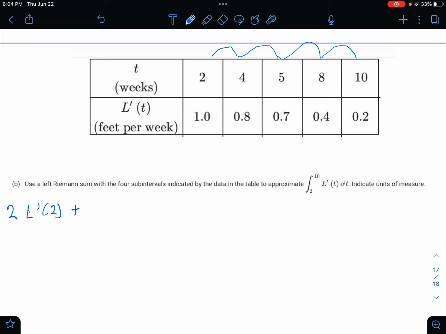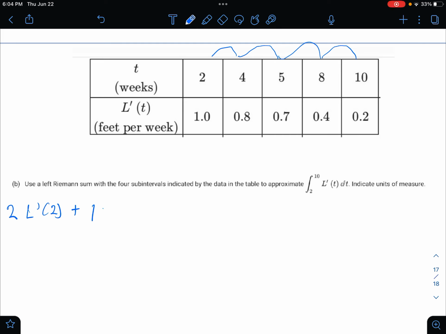Now we keep going. In the subinterval of 4 to 5, we subtract 5 minus 4, which gets us 1. And when we're looking for our L prime of t value, it would have to be L prime of 4, since it's closest to 0 in comparison to 5.